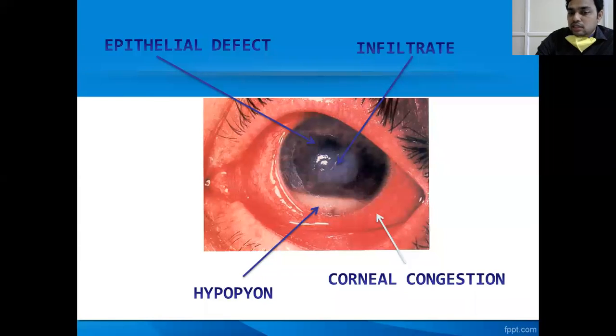Because of the toxins released by the infective pathogen, there is dilatation of the iris and ciliary vessels, and this leads to exudation of proteins and pus cells. Because of gravity, they accumulate at the inferior part of the cornea, and it appears like this. This we call a hypopyon, and we see the congestion of the corneal and conjunctival vessels.